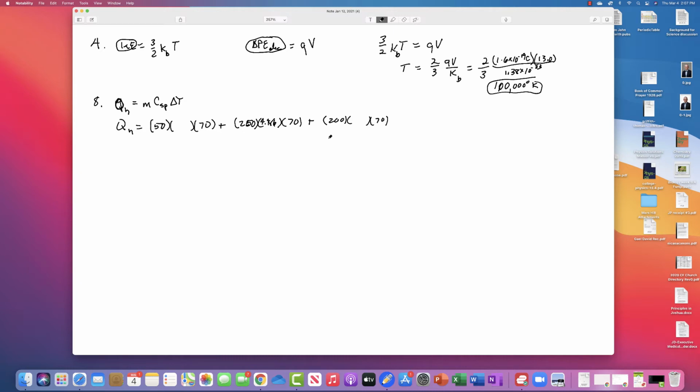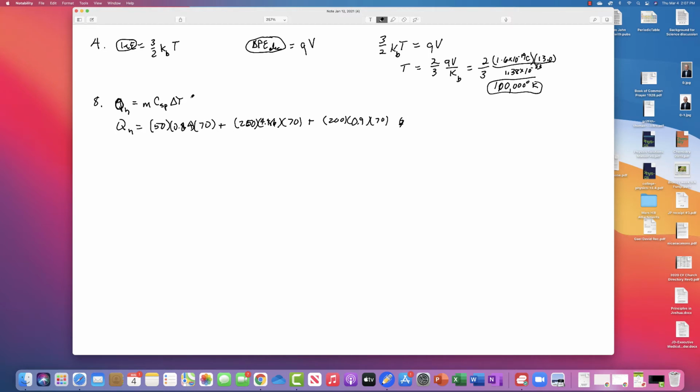For aluminum, it's 0.9 joules per gram per degree centigrade, and for glass, it's 0.84 joules per gram per degree centigrade. And if you do all this math, you end up with the amount of heat necessary.